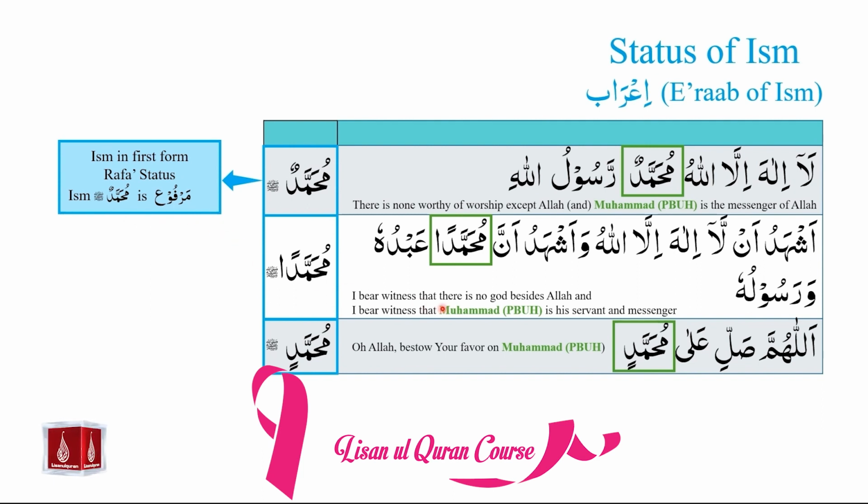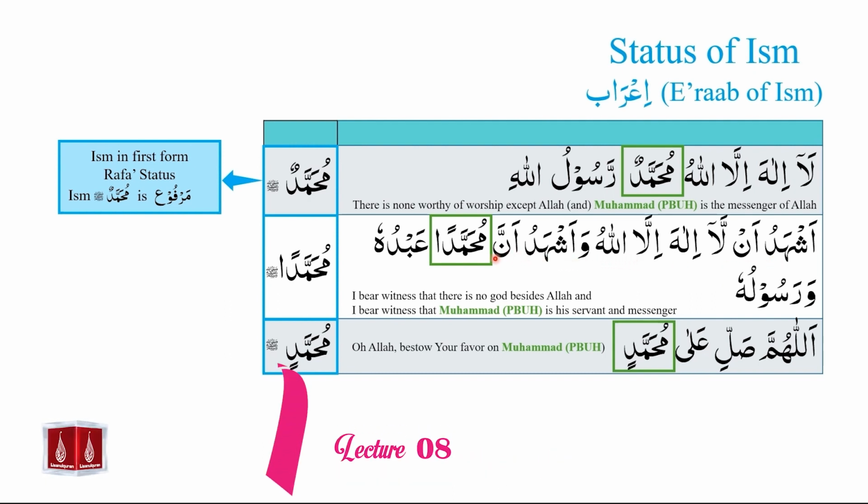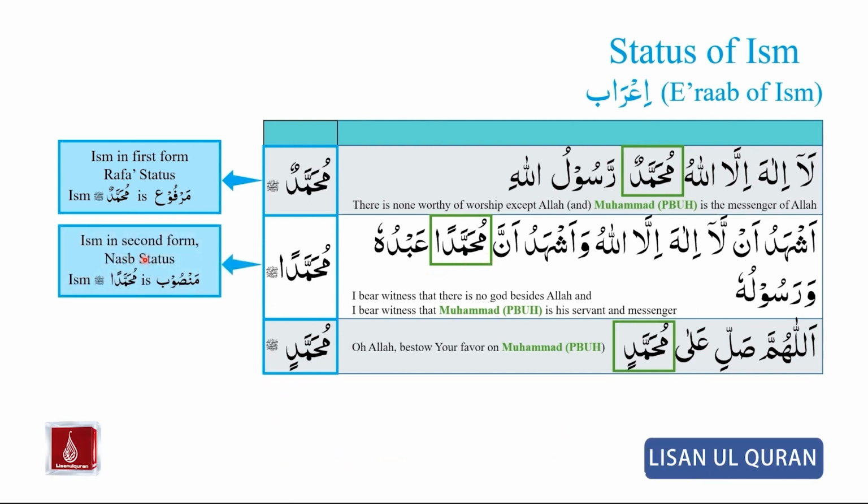In the second example, Ashhadu an la ilaha illallah wa ashhadu anna Muhammadan abduhu wa rasuluhu. In this example, Ism Muhammadan is in its second form. It is in nasab status, and Ism Muhammadan is mansoob.